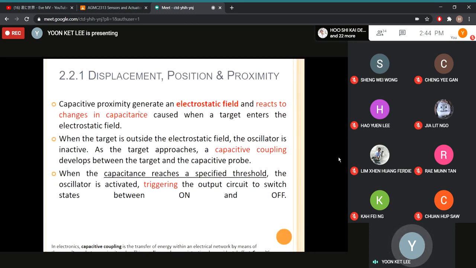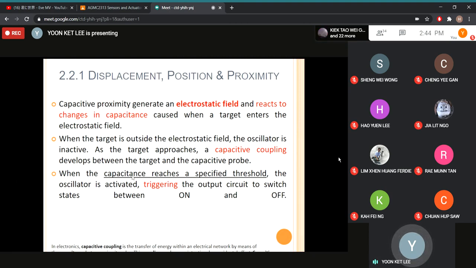So the capacitive proximity sensor generates an electrostatic field and reacts to changes in capacitance caused when a target enters the electrostatic field. Okay. When inactive, as the target approaches, a capacitive coupling develops between the target and the capacitive probe.